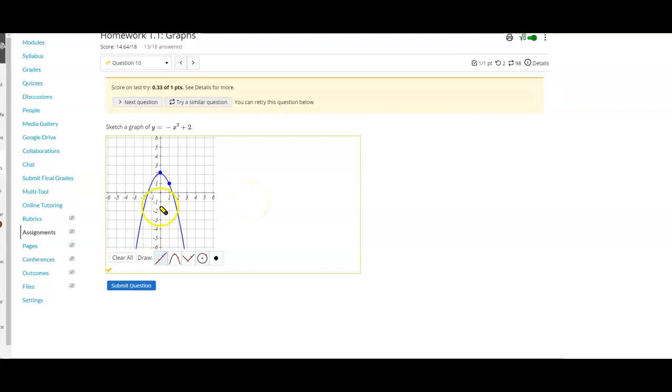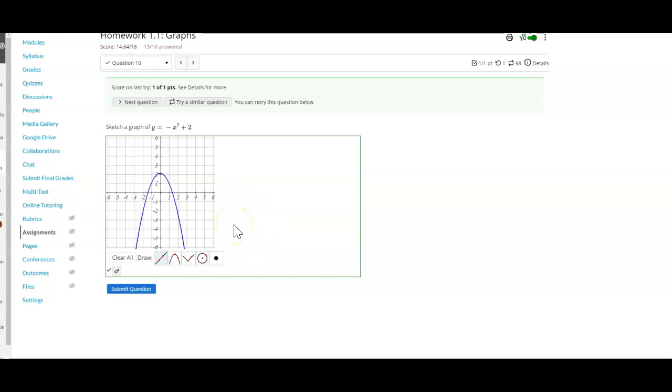And it's saying no. But if I clear all, I try this again and do up to 2, down one, over one, about there. All right, and then I have it.